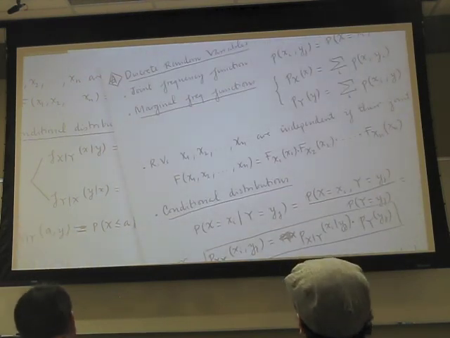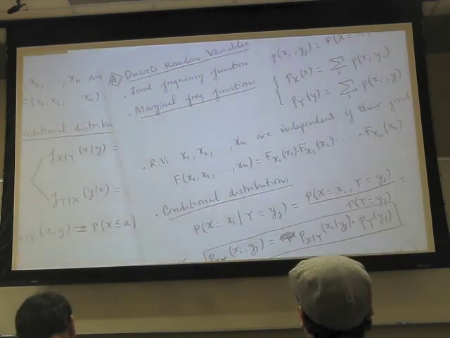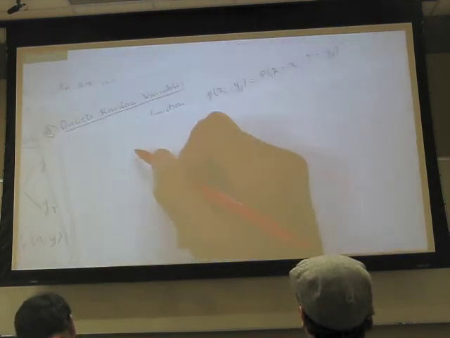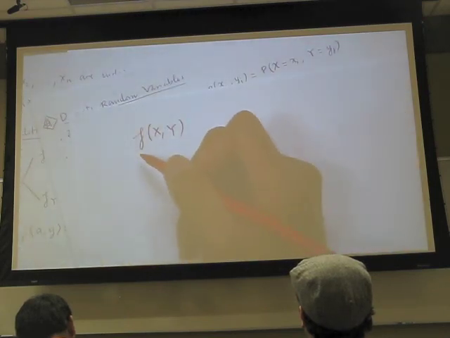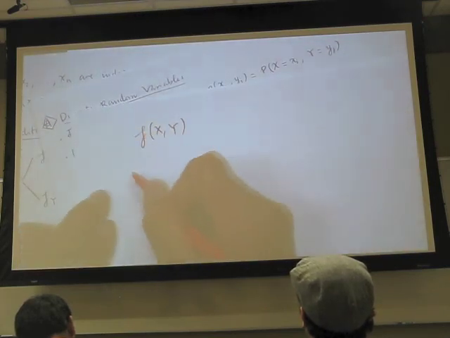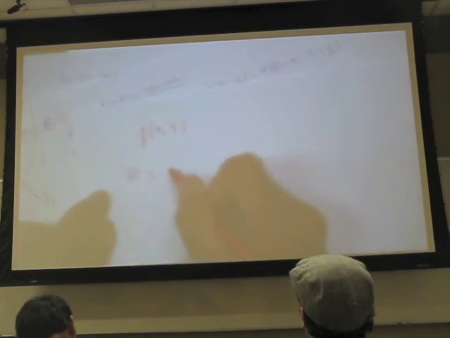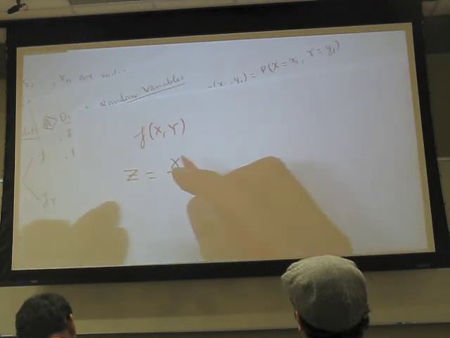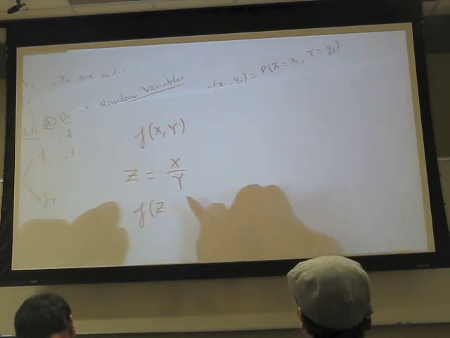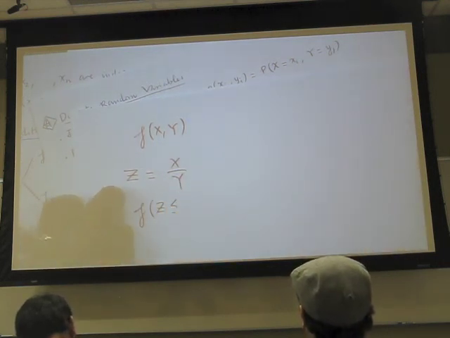If you have a joint density function, f of xy, I can play this game and define another variable, z equal to, let's say, x over y, for example. And then I can talk about the probability of z being less than or equal to something.